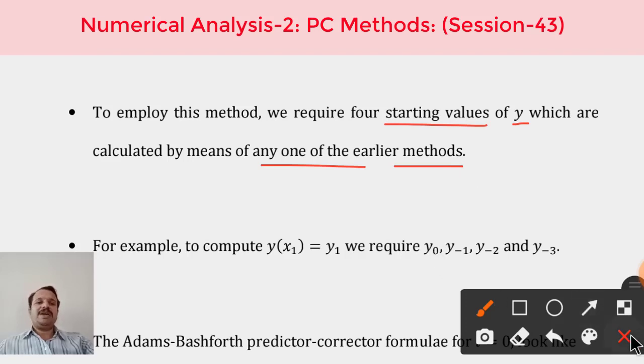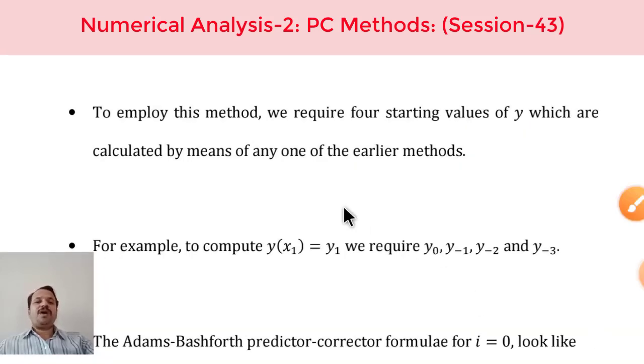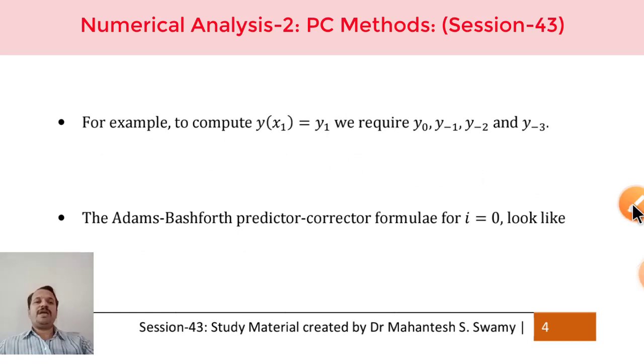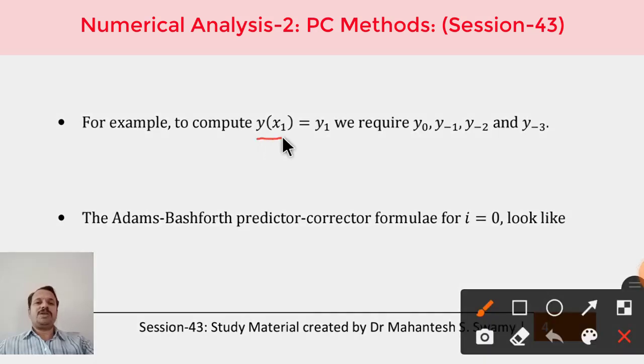For example, in order to compute the value of y at x1, that is y1, we require four previous values: y0, y_{-1}, y_{-2}, y_{-3}.